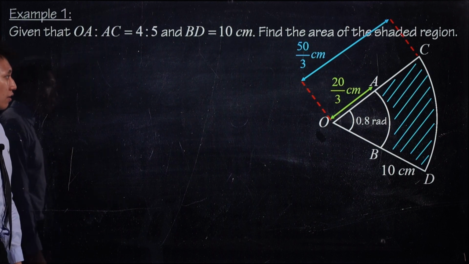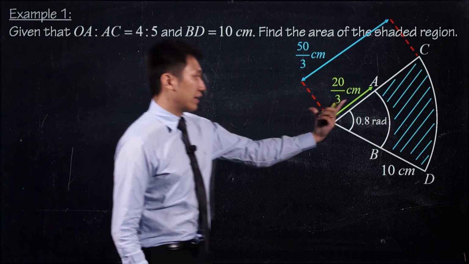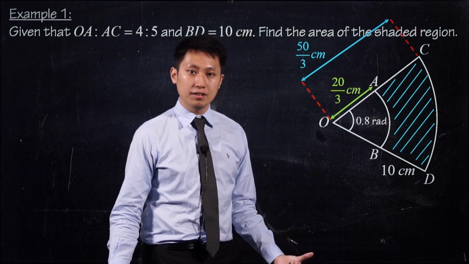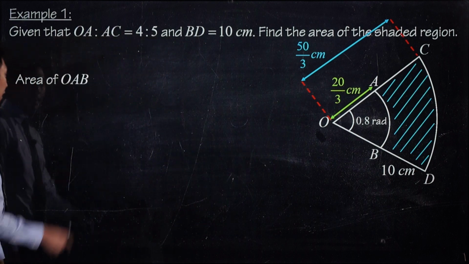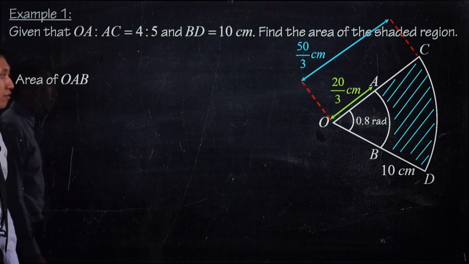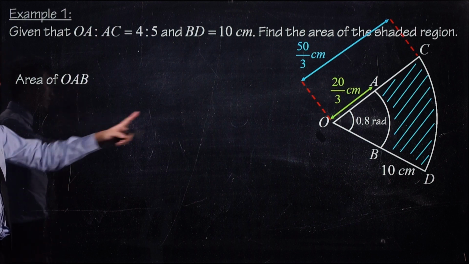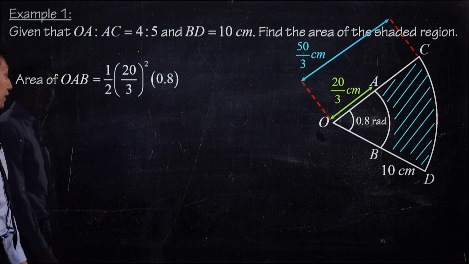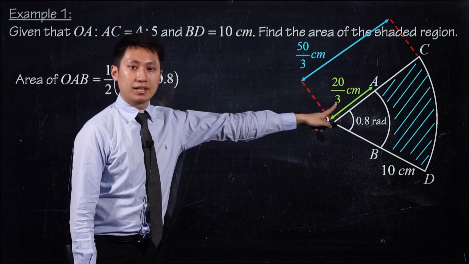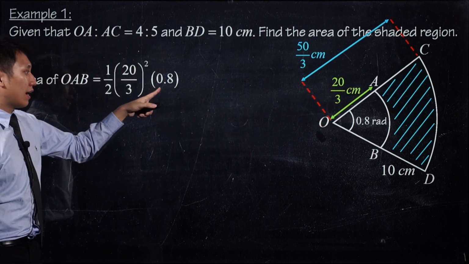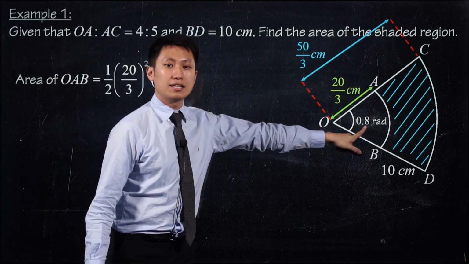Now I have these two radii, so I'll be able to find the area of both sectors. For the sector OAB, I'm using half r squared theta. The r is 20 over 3, and theta doesn't change. Theta is 0.8.